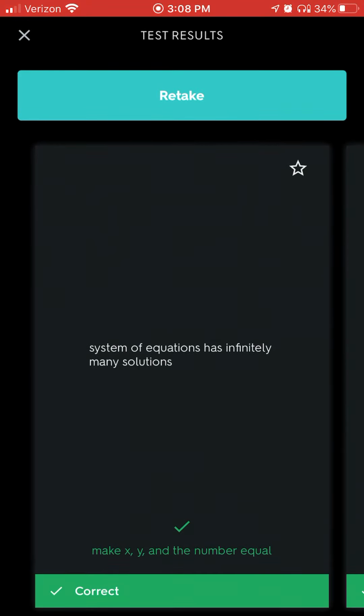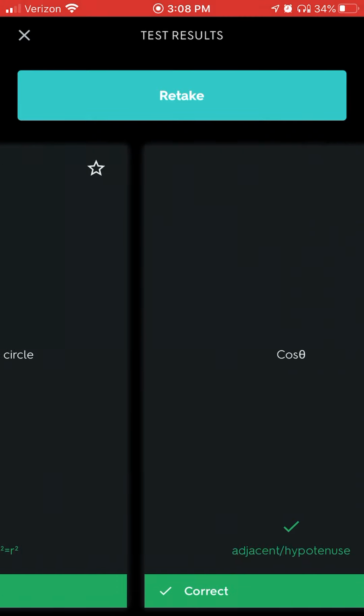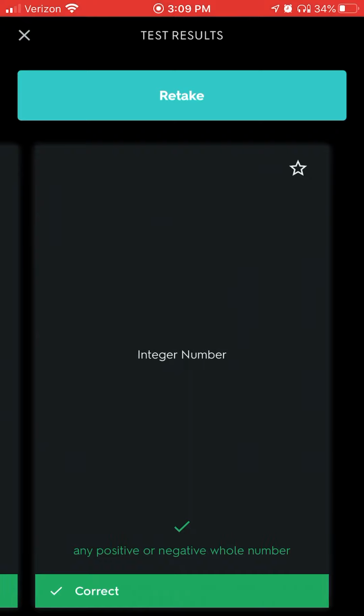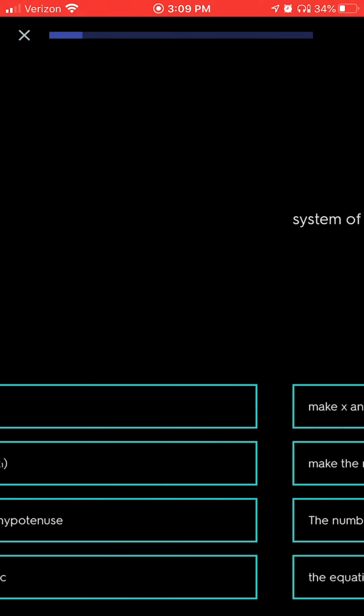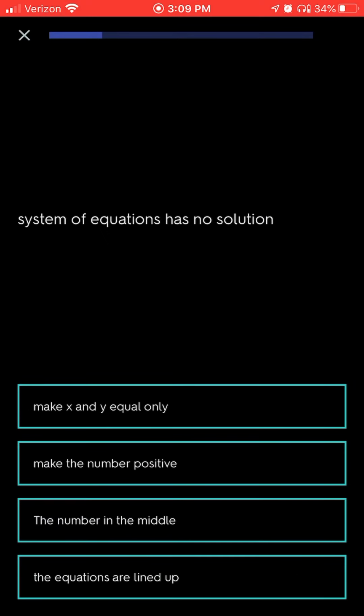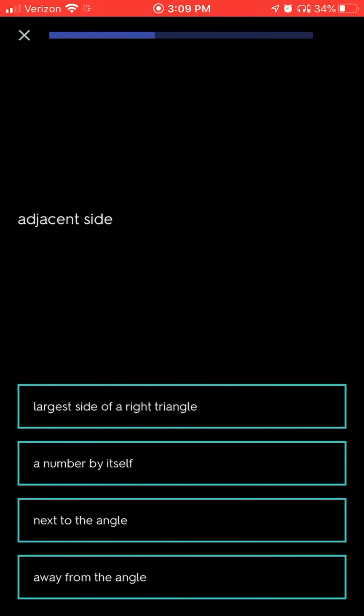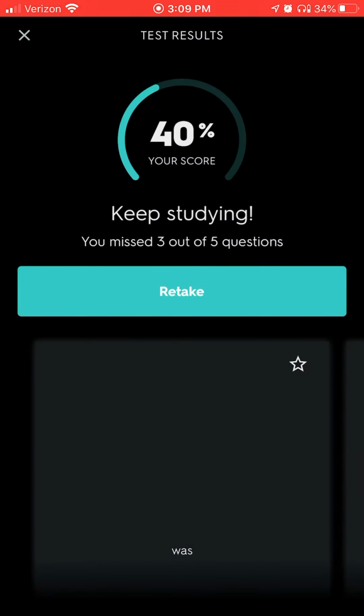So then you can see which ones you got right and wrong down here. If you got one wrong, it'll say what you put and what the right answer is. Okay, so actually let me retake real quick. Let me put the wrong answer real quick, and then I'll just stop the test. So let me just put A for everything, just to show you what it looks like.